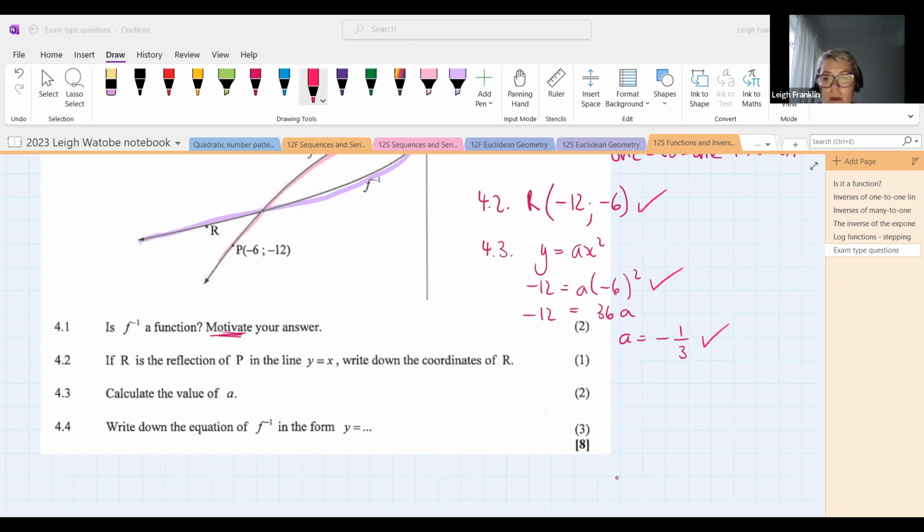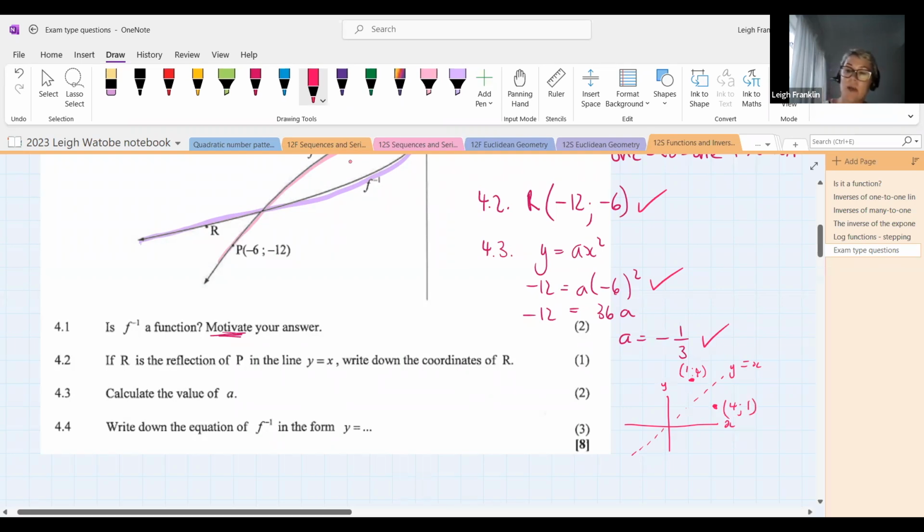So if you have your x and your y like this, and here's your line y equals x. If I have a point over here, and let's say the coordinates at this point were 1 and 4, and now I want to reflect this point over the line y equals x, I would switch the x and y coordinates around, so it would become 4 and 1.